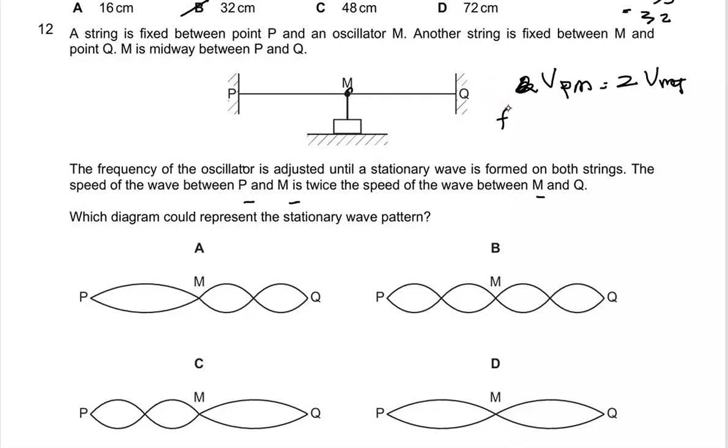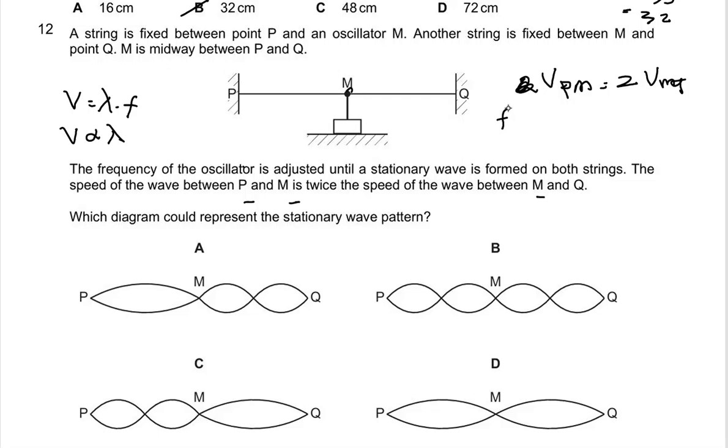So recall again the equation of wave speed: v equals lambda times frequency, where the frequency is the same. So you just focus on the speed and wavelength. When v and lambda are proportional, when v is doubled, the wavelength is also doubled.